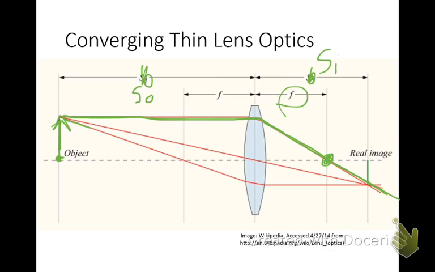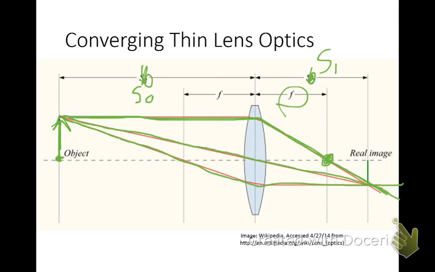It starts by going through the focal point on the other side first, hitting the lens, and coming out parallel to the principal axis. So parallel to focus, focus to parallel, and finally you've got the last ray that comes down, and it strikes the lens at the middle and just continues on through. Where those three lines intersect, you get your image.